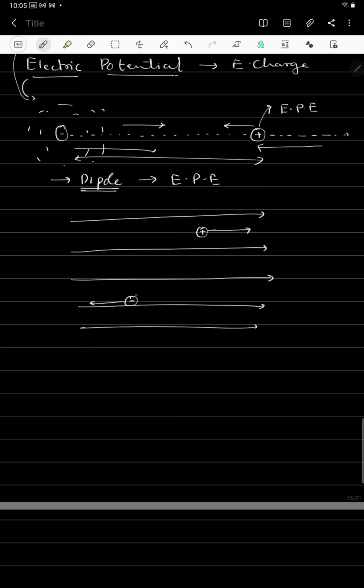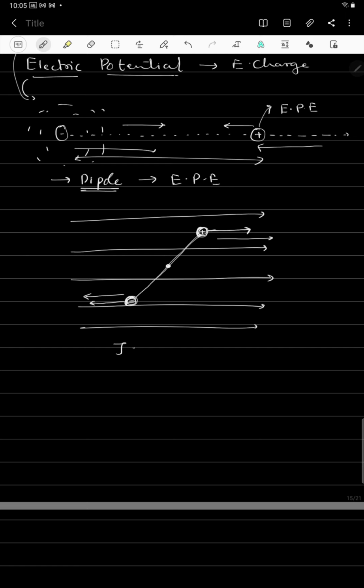We are taking this as a dipole, and the torque is acting on these charges. This charge is moving in this direction, and this charge is moving in this direction. So this will produce the torque.